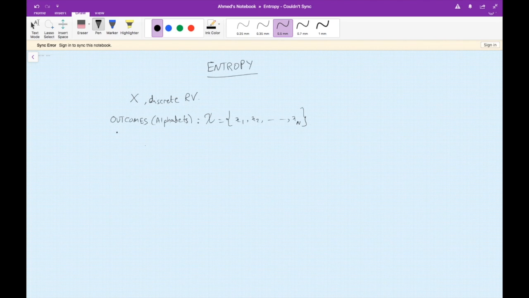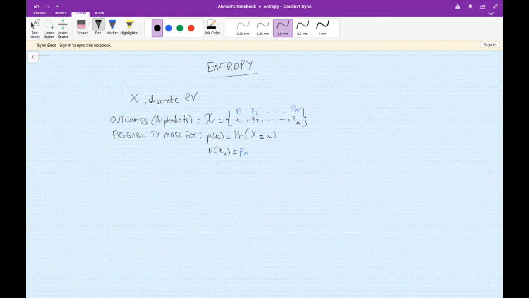Now, for every discrete random variable, there's a certain probability mass function assigned to it, which is denoted as p of x, which is actually the probability that your random variable will take the value x. With that being said, let's denote all p(xk) as pk. So this means that we're assigning to each outcome a certain probability, p1, p2, down till pn, right?